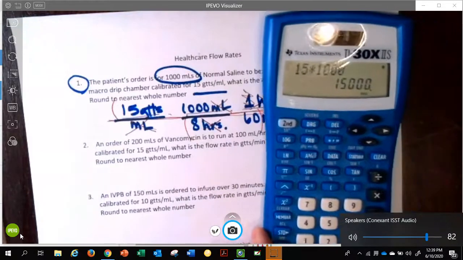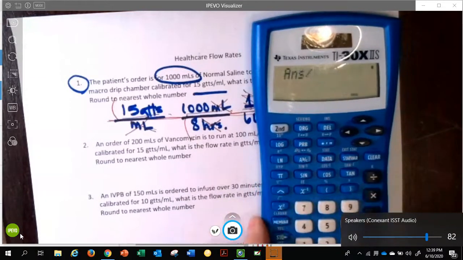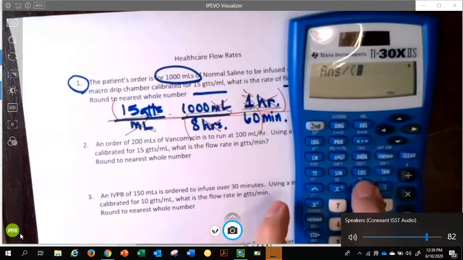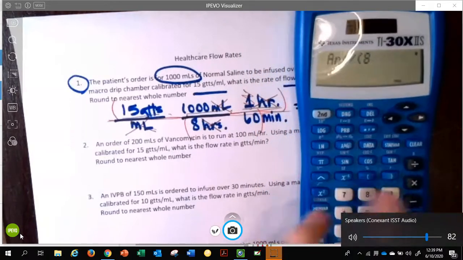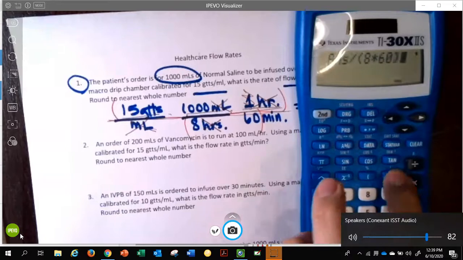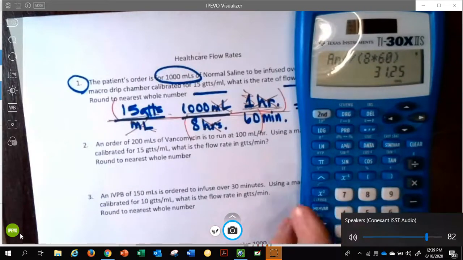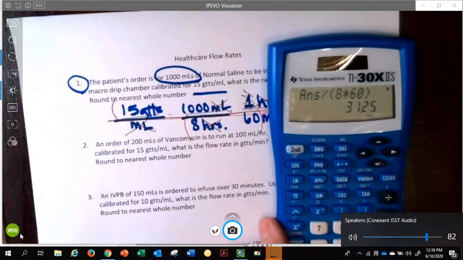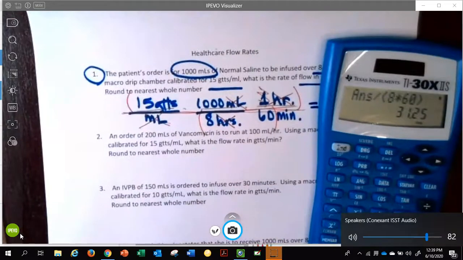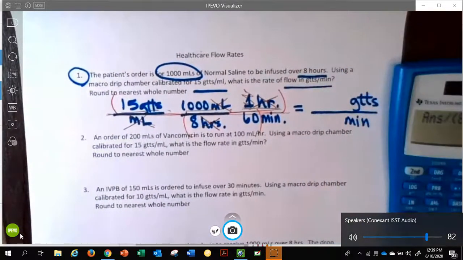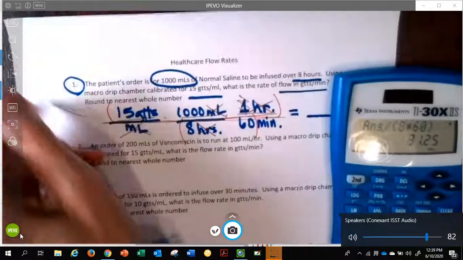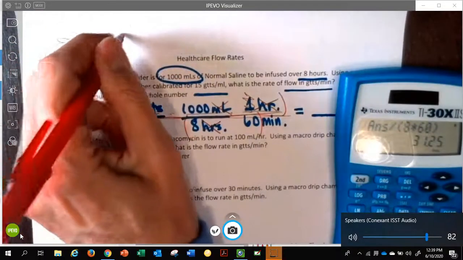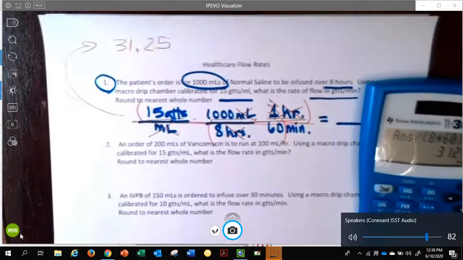But when I go to do divide by, I've got to be smarter than my calculator and tell it, okay, what we're going to divide by needs to be everything in the denominator, and that's the 8 times the 60, and I get 31.25. But wait, 31.25, 31 and 25 hundredths.